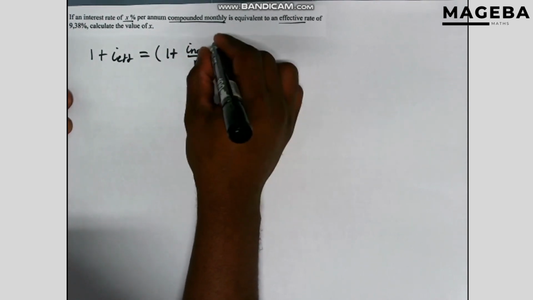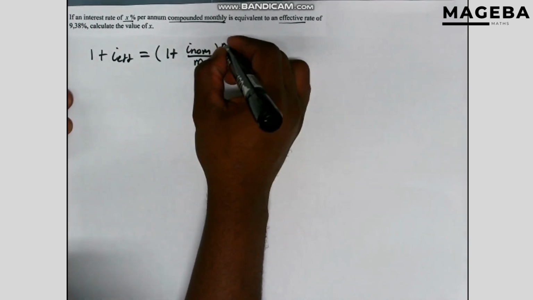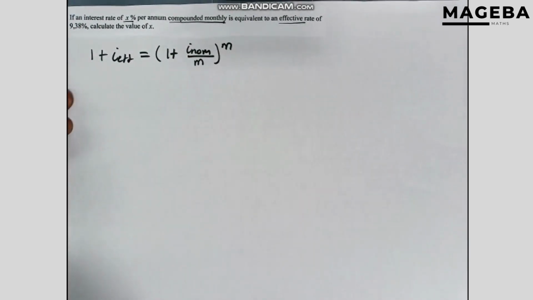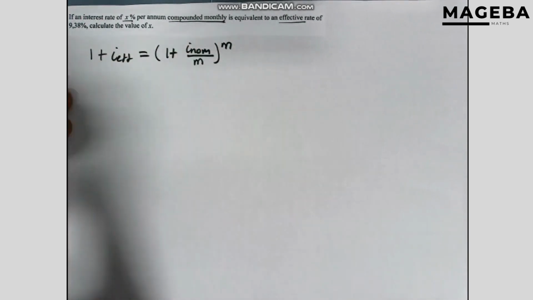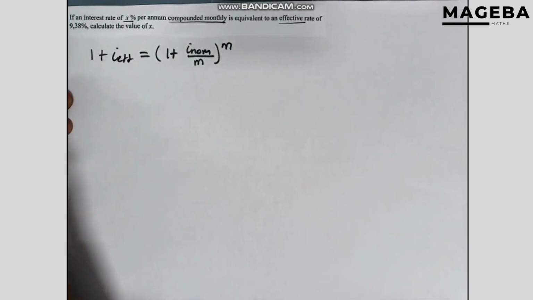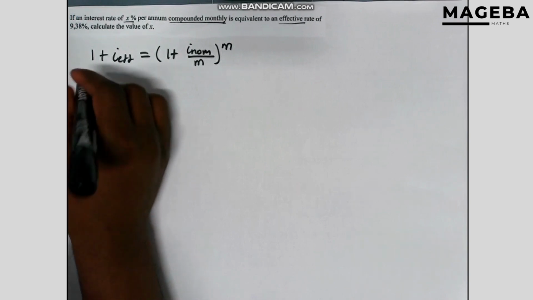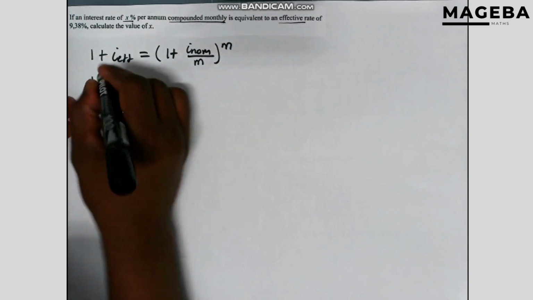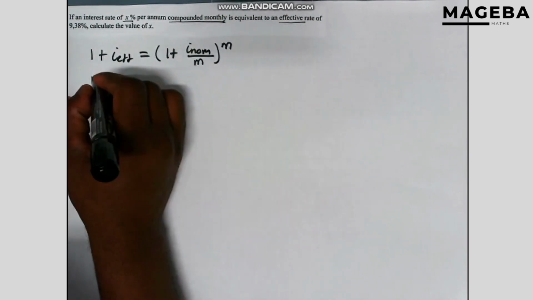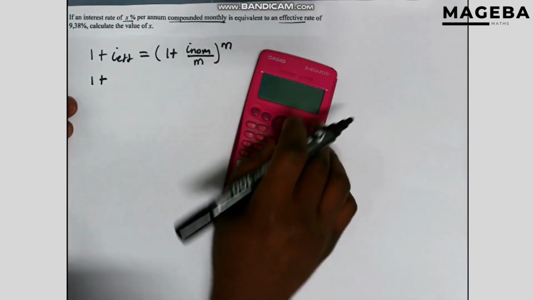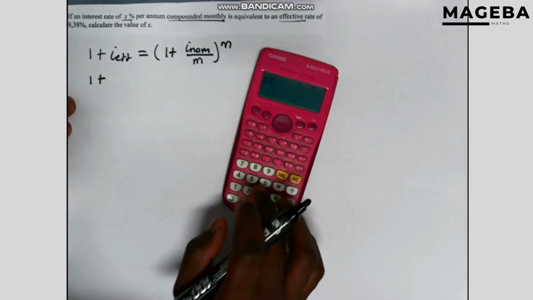Other textbooks put n, others put m. This m stands for the number of years or months, and then from here it's 1 plus i effective. We do have i effective, which is 9.38%, which gives us what?